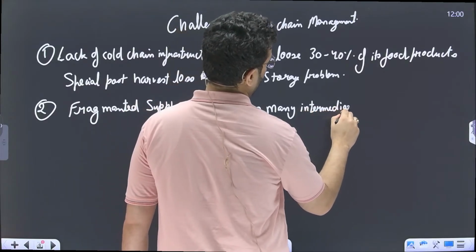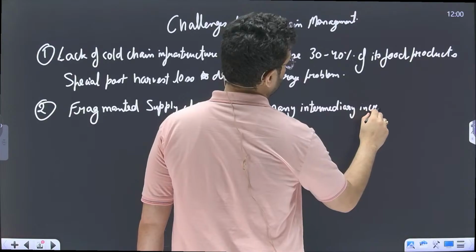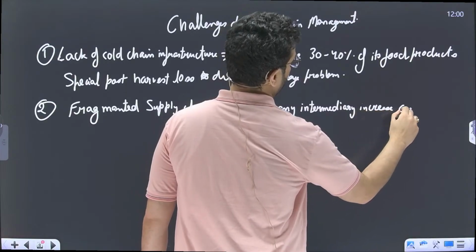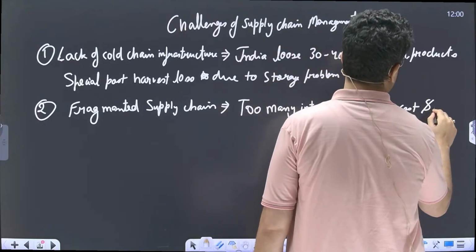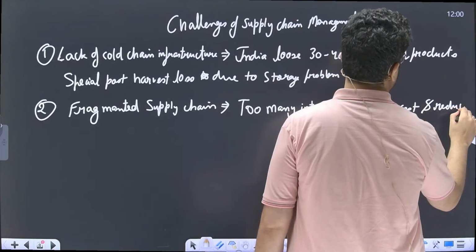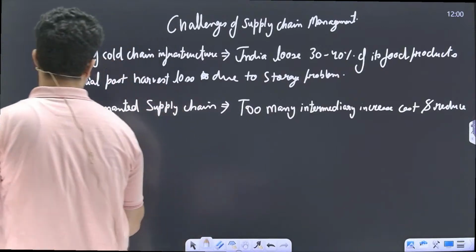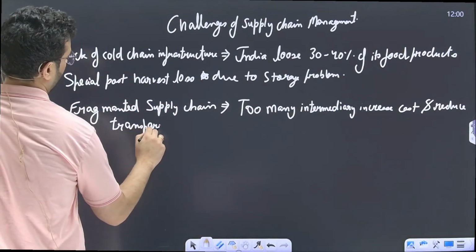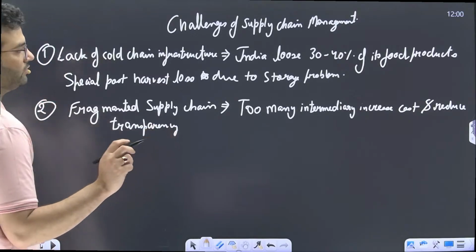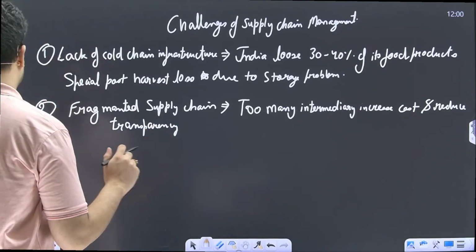Too many intermediaries increase the cost and reduce transparency.